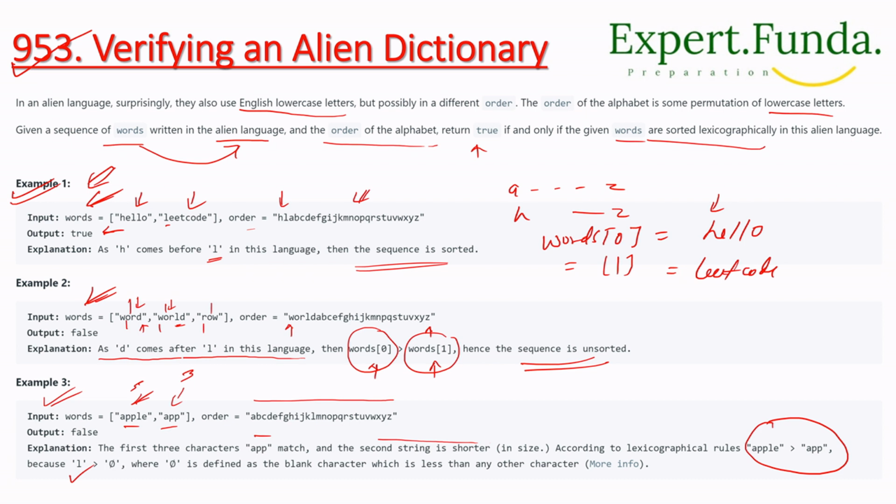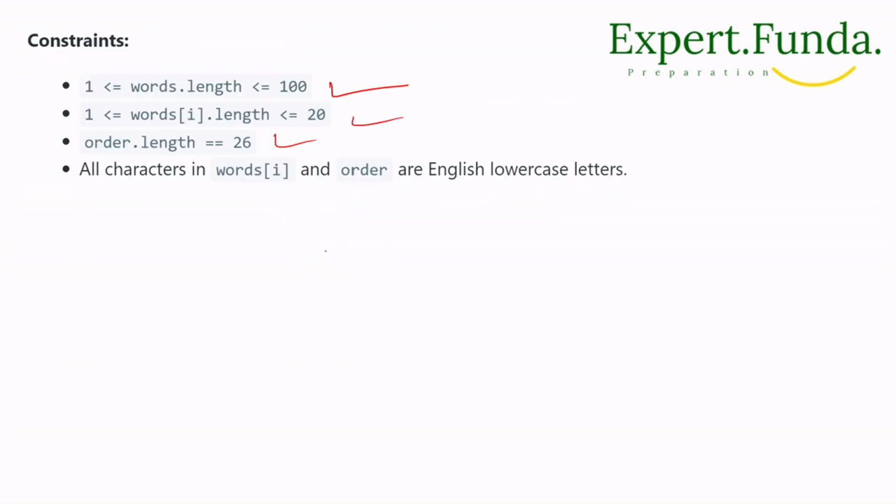So let's suppose, for example, we take x, y, and z. Three words we take. In the words we have given x, y, and z. So the possibility is what? First we will check if x is greater than or equal to y, suppose.